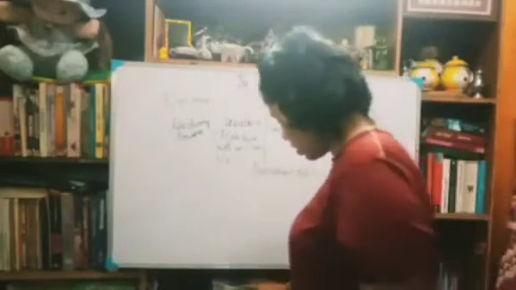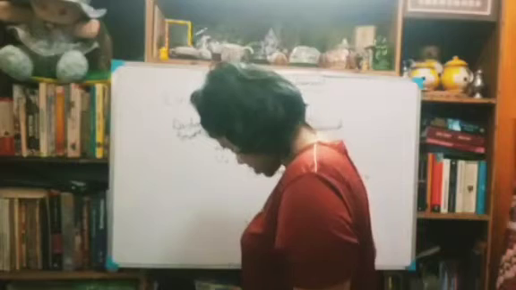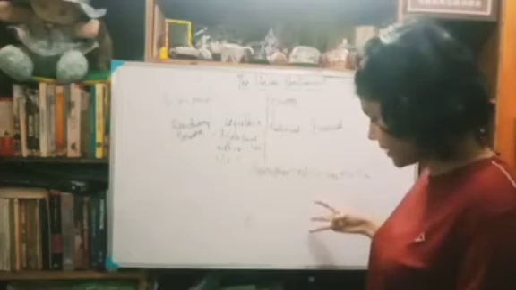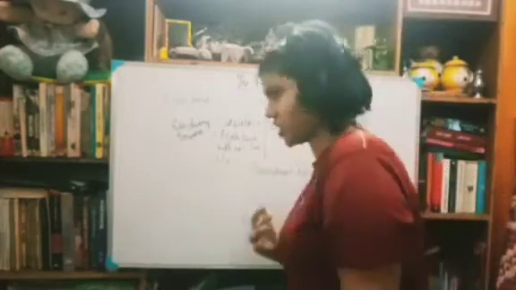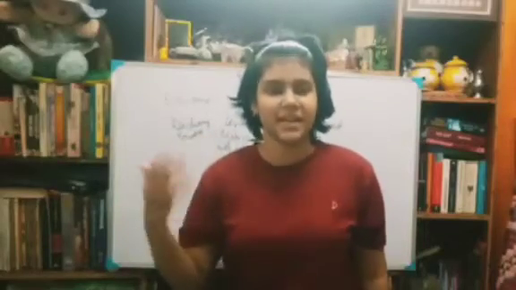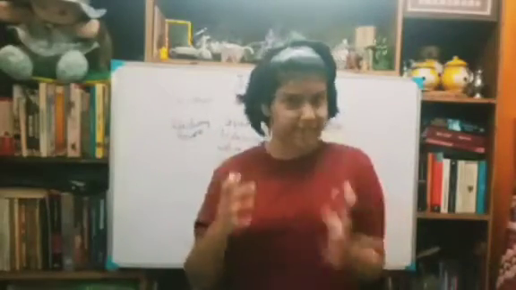Now, let's come to financial matters. Under financial, there are basically three things. One is the budget. What is the budget? A budget is an account of the income and expenditure of the government in one financial year.